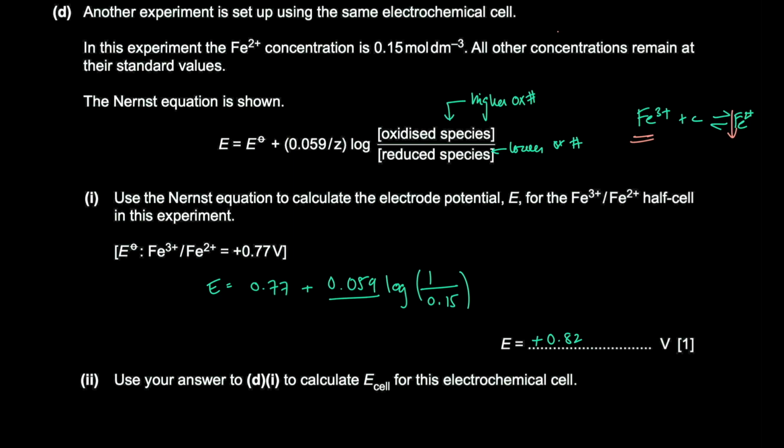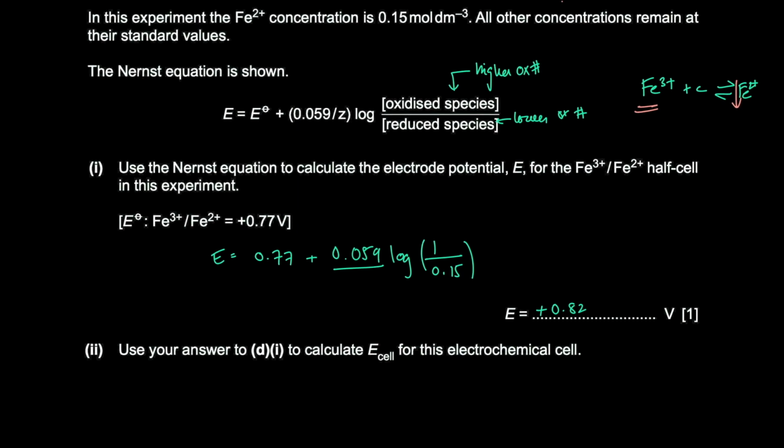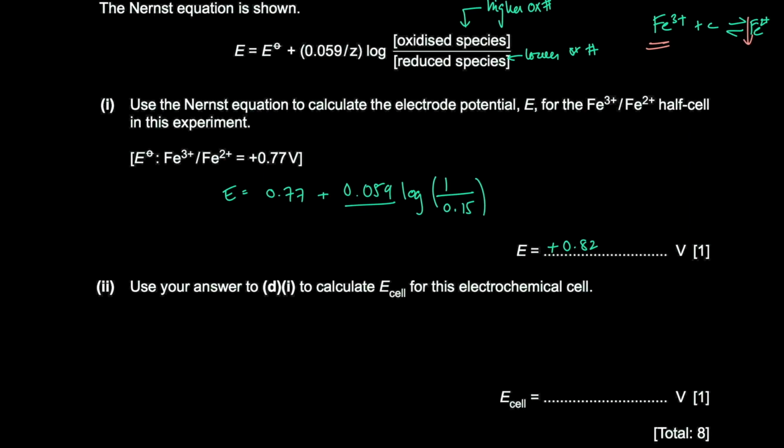Use your answer to D part 1 to calculate the EMF of the cell for this electrochemical cell. Okay, now in this particular cell, what did we have? We had Cl2 reacted with 2 Fe2+, and that gave us 2 Fe3+ and then 2 Cl minus, right?